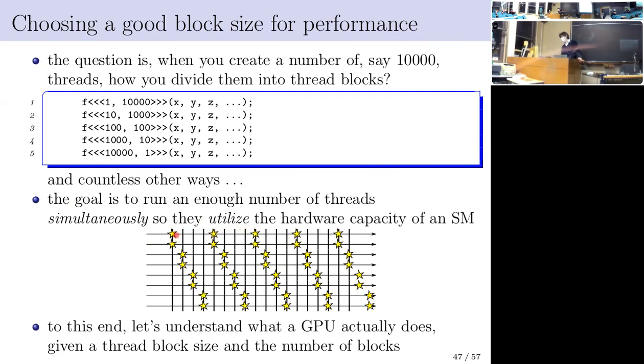So if you have only one thread in a streaming multiprocessor, then hardware resources will be very much underutilized. So putting the next thread on the same streaming multiprocessor doesn't increase the total execution time at all.